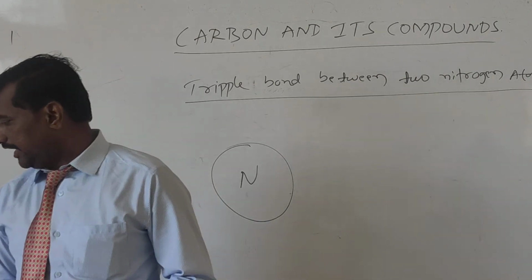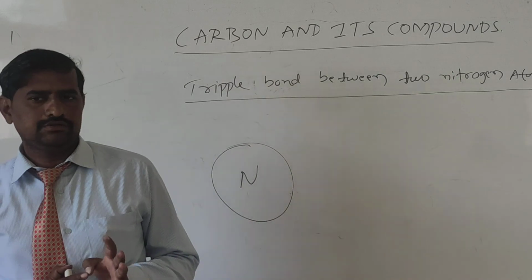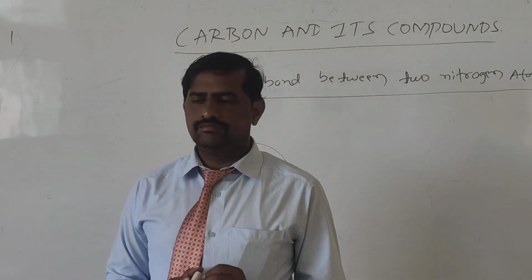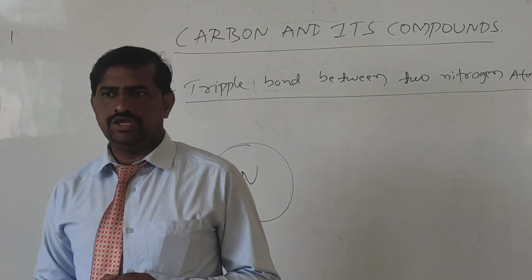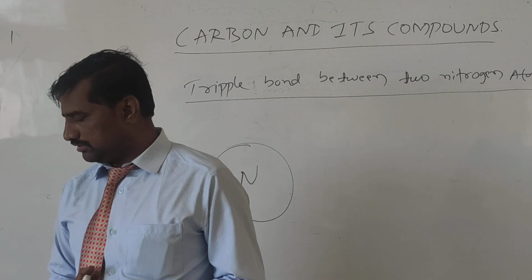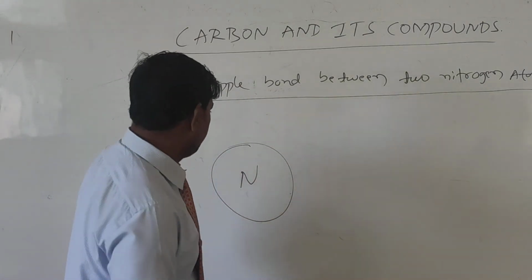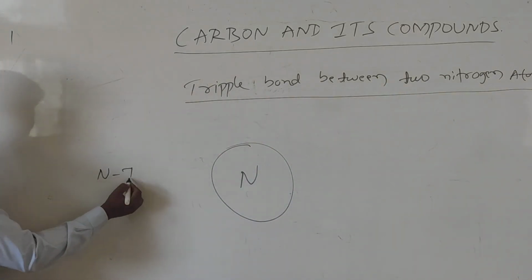See here: hydrogen, helium, lithium, beryllium, boron, carbon, nitrogen, and then next oxygen. The atomic number of nitrogen is 7.